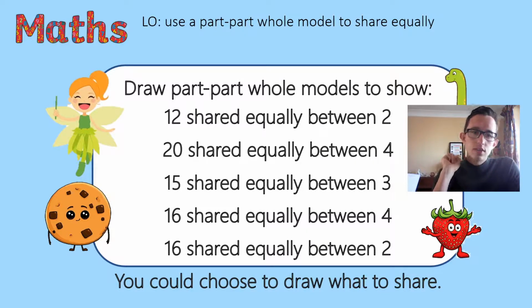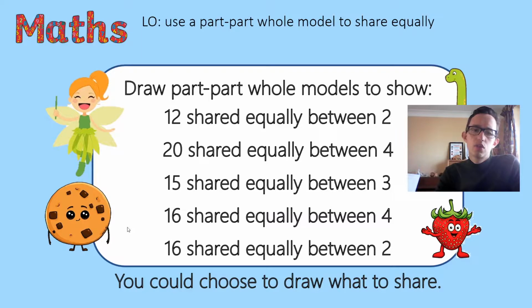And if you want to draw different things in them, you could draw strawberries, bananas, dinosaurs, cookies, fairies, dots, or snakes. It doesn't really matter. So 12 shared equally between 2, 20 shared equally between 4, 15 shared equally between 3, 16 shared equally between 4, and 16 shared equally between 2.